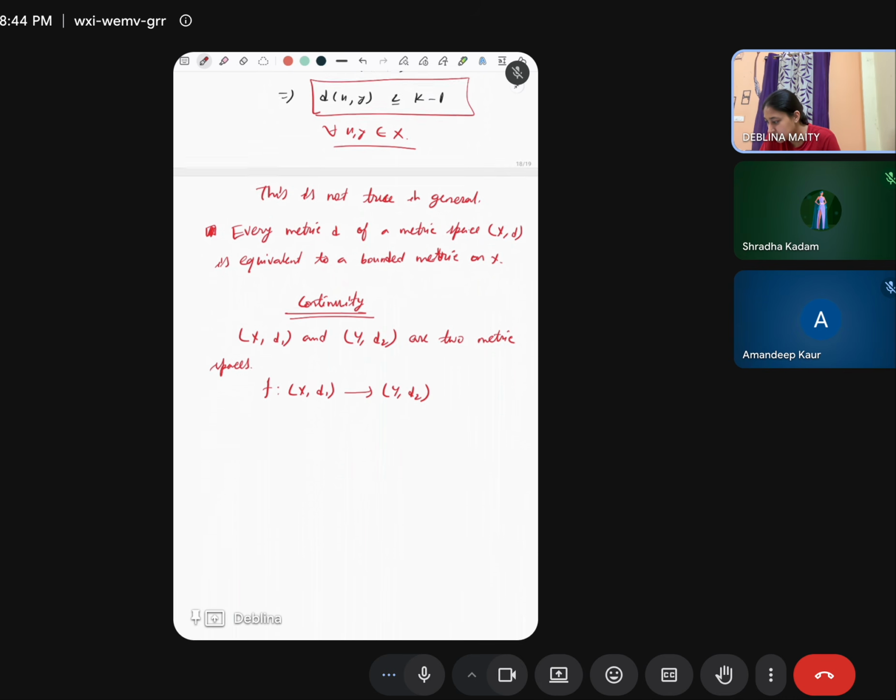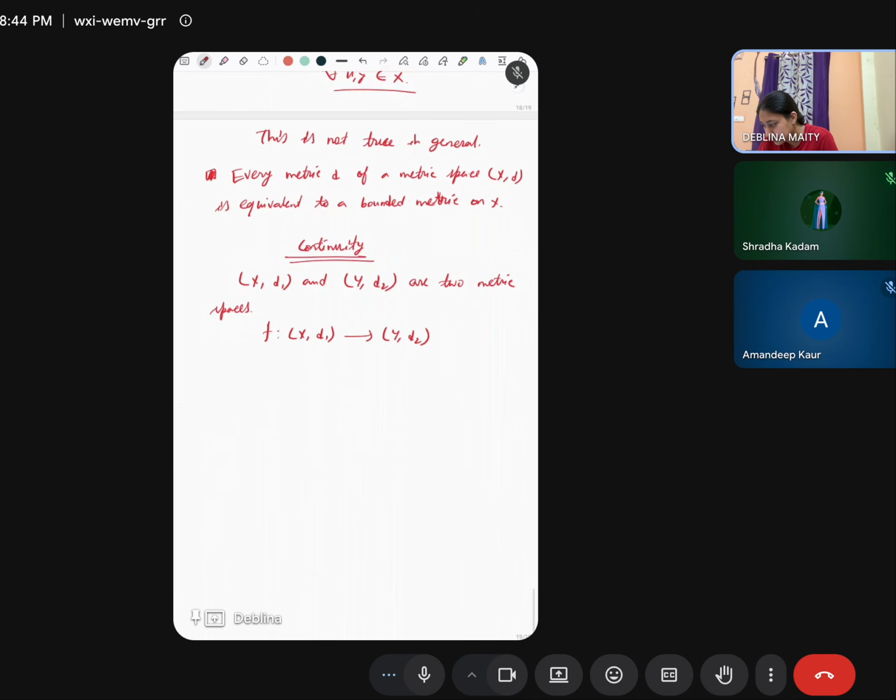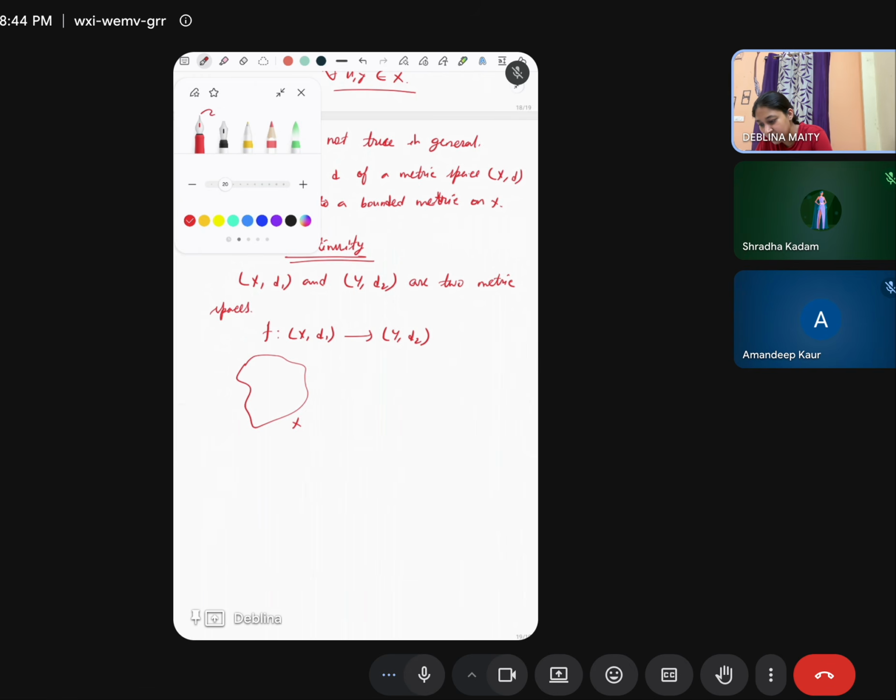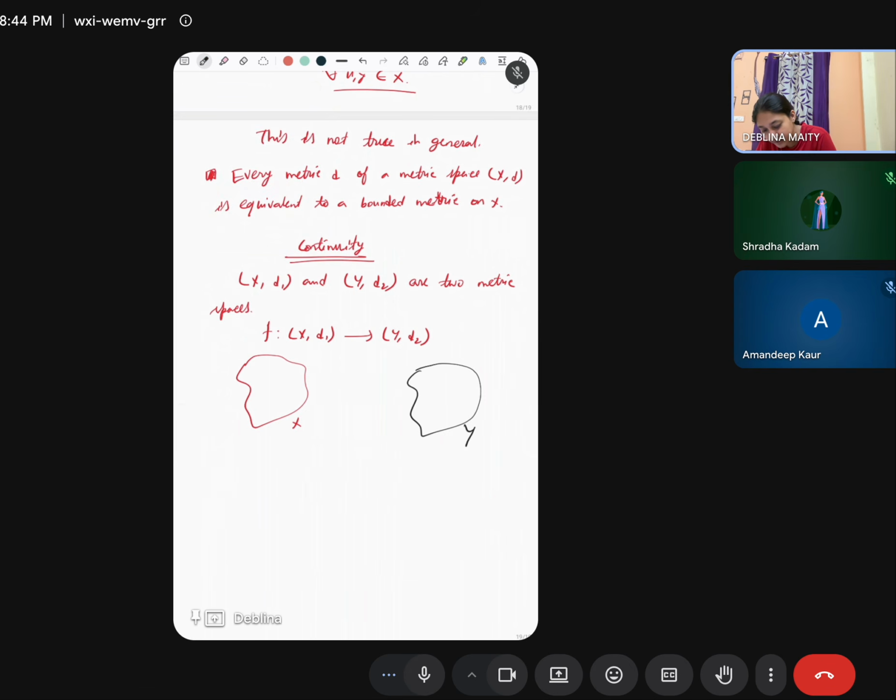So suppose this is X and this is Y, right? X with d1 metric and Y with d2 metric, and f is a mapping.